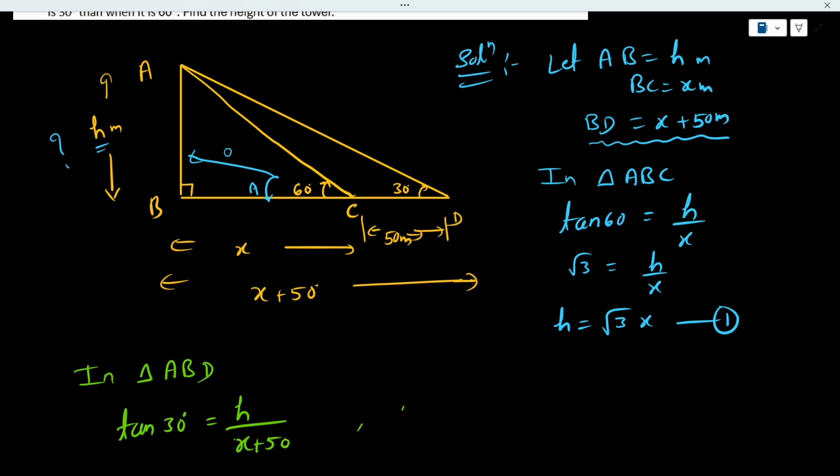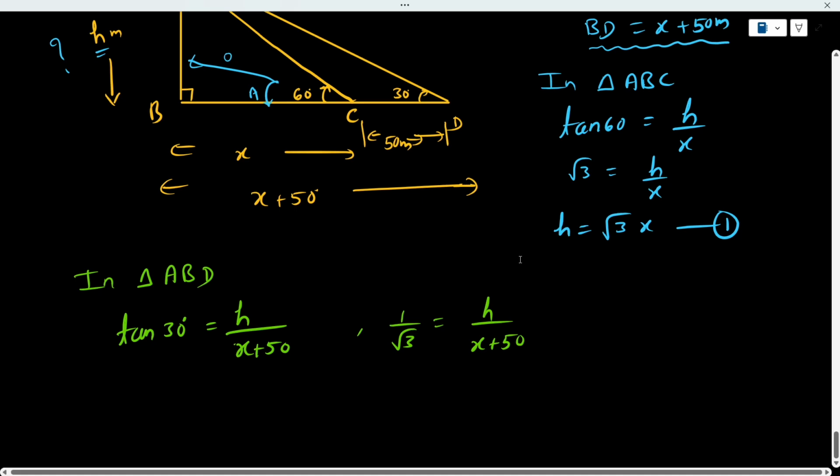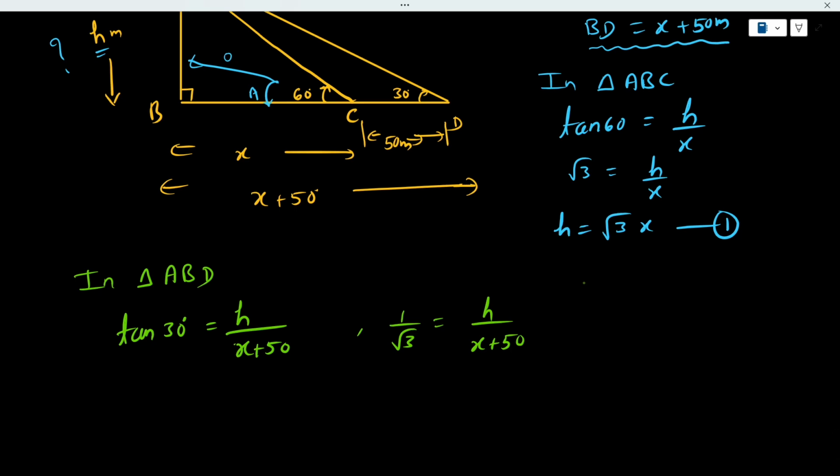Now, how do you simplify this? It will be 1 by root 3 equals h by x plus 50. Now, we don't need to get x. So there are two ways to do it here. You can substitute x here because I just need to get h. So x is going to be h by root 3, and I can label this as 1, right?